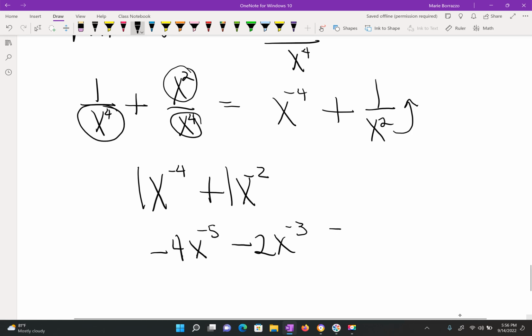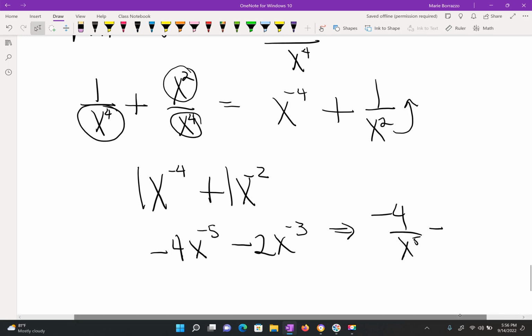And I re-express this as well. So this is negative 4 over x to the positive 5 minus 2 over x to the positive 3. That's all they're asking you to do for that one. So when they say rewrite, don't panic. All they're saying is move the value.